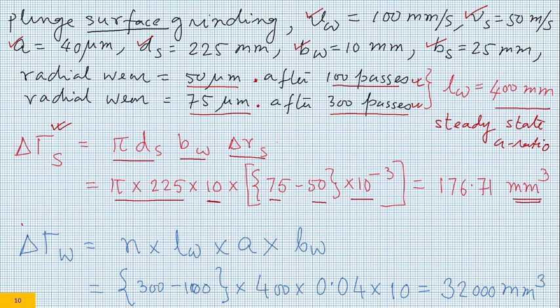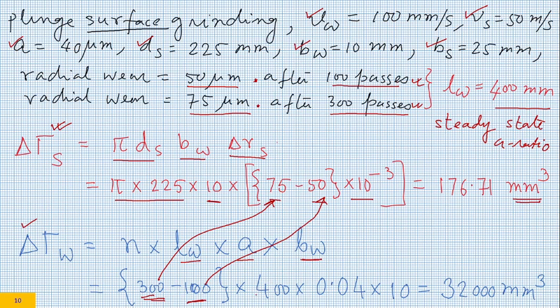Now you have to calculate delta gamma w. For delta gamma w, it is LW into downfeed per pass into BW, multiplied by the number of passes. How many passes? It is 300 minus 100. You are going on grinding a particular material. At 100 this was 50, at 300 this was 75, so this difference you have taken. Here also you have to take that difference.